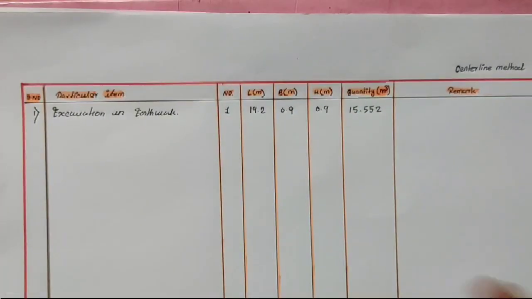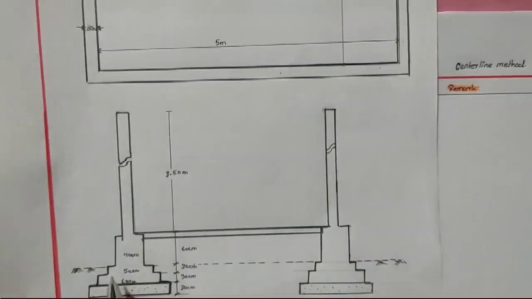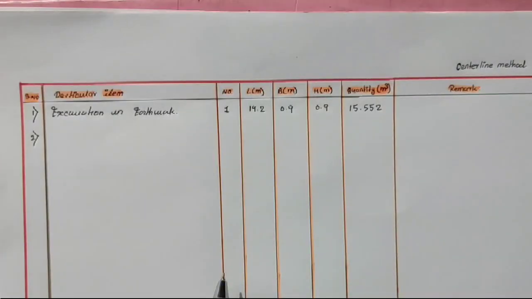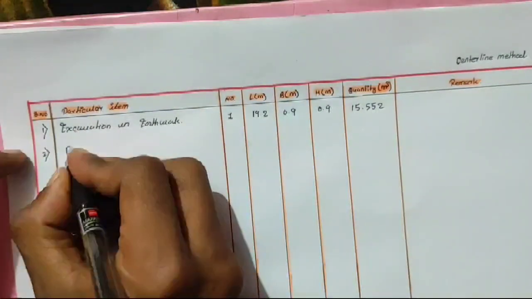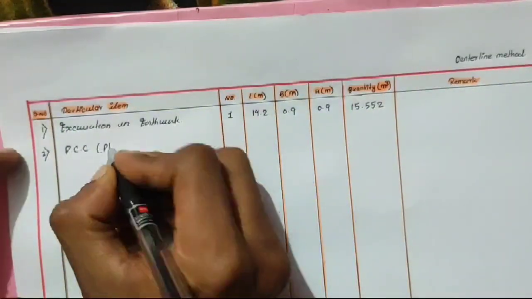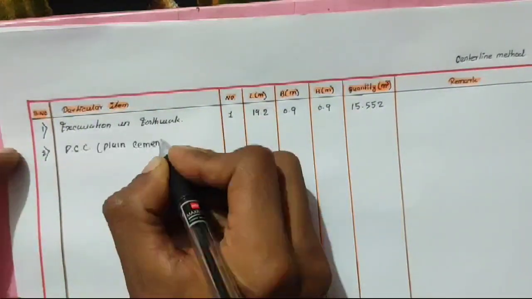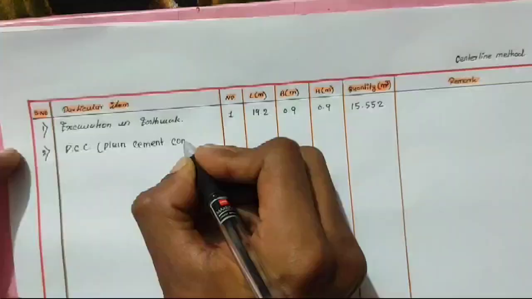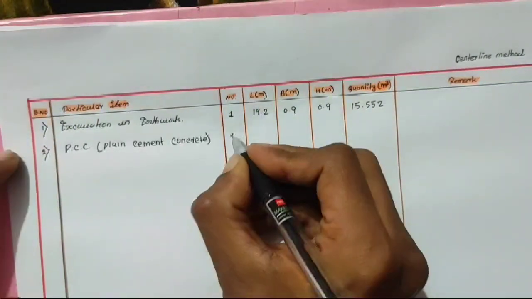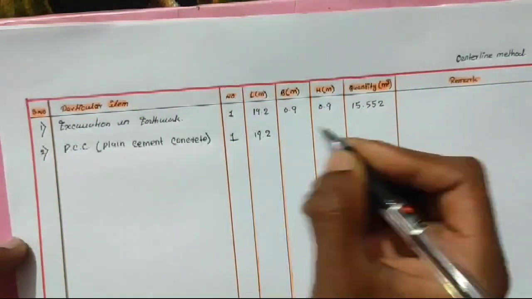And now second we have PCC, plain cement concrete. Number as 1. Length we have got 19.2.